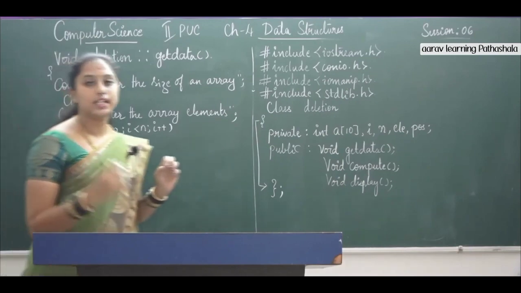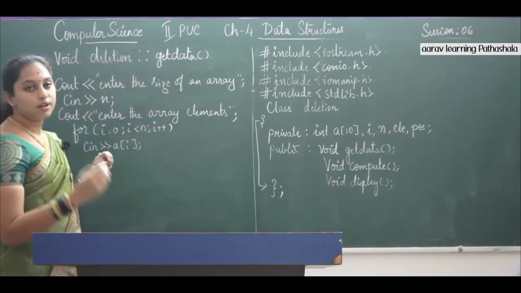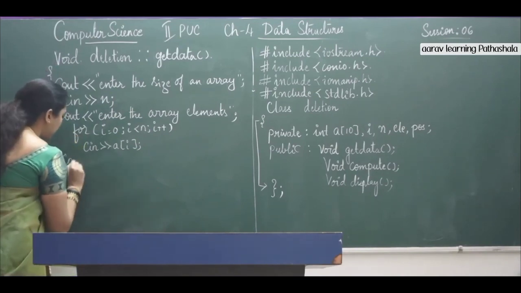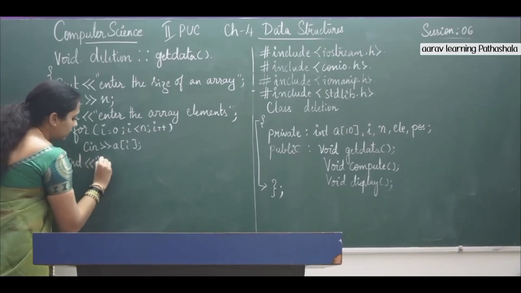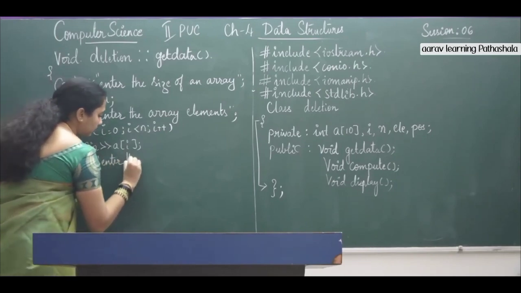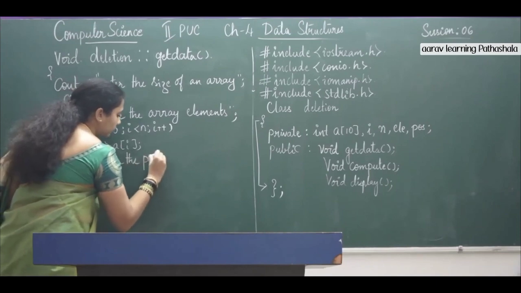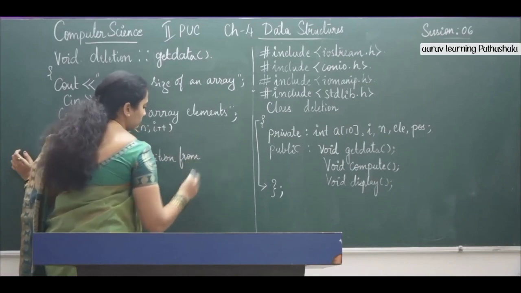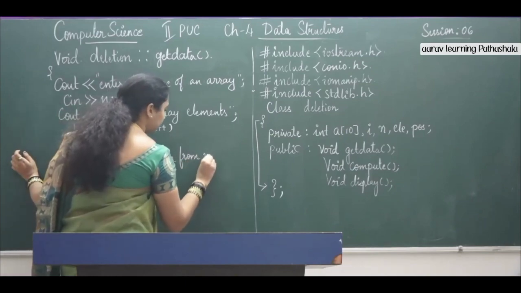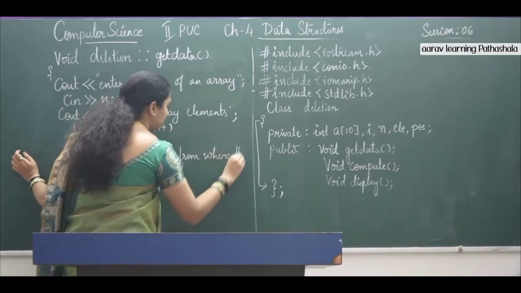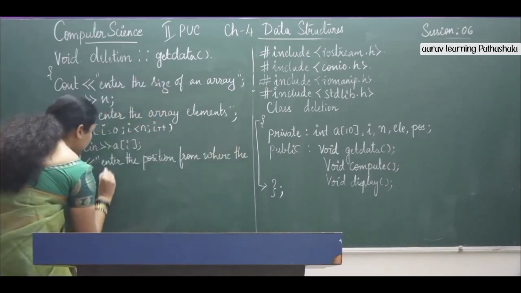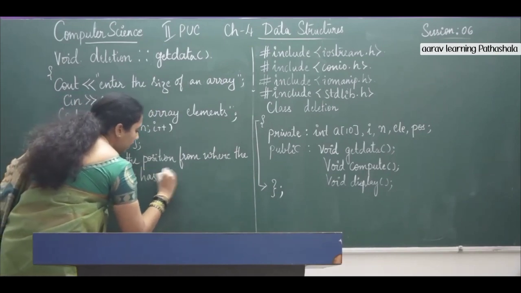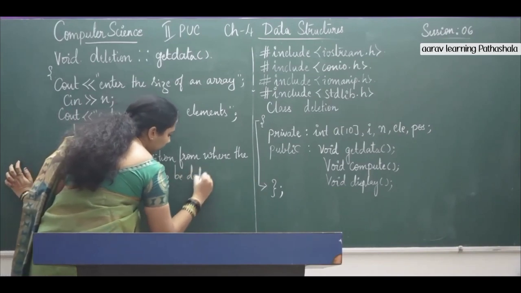Next, we have to collect the position from where we have to delete the particular item. Cout, enter the position from where the element has to be deleted.